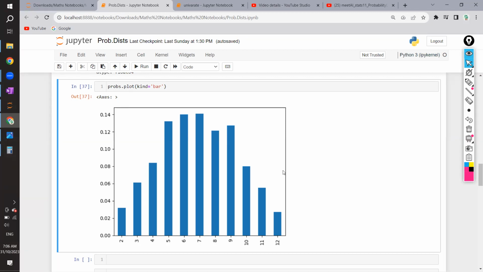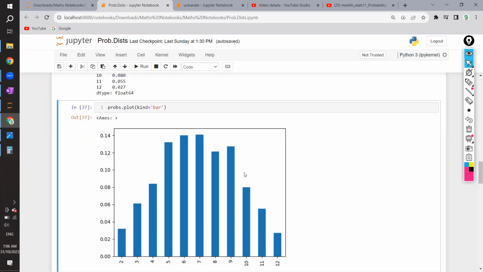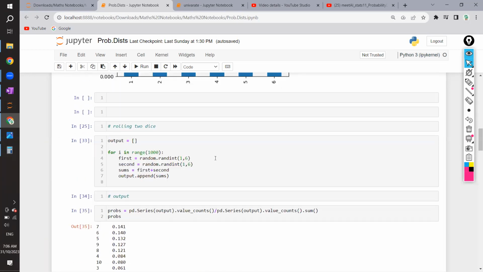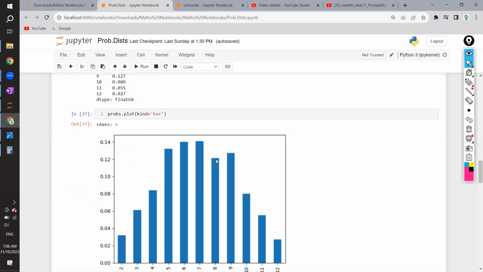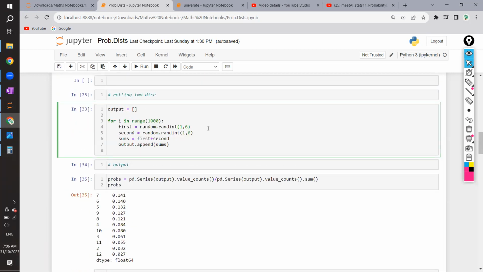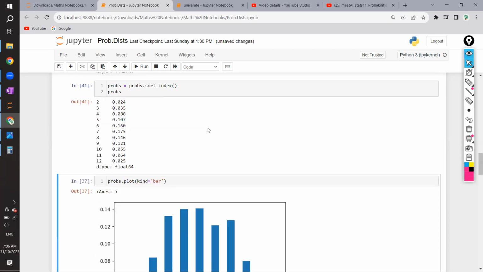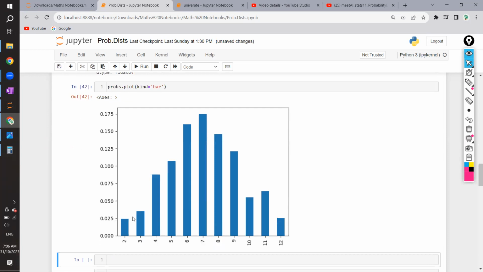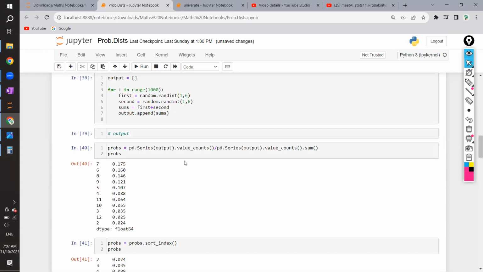Yes. See, randomly, so every time you will not get the same thing. It is generating randomly, right? So it's not like every time it will generate like 250. Now if I run it again, just see. Again, randomly it is taking some other values. Now the probabilities will change. See, there is a slight change. But it will be more or less the same. Fine. So see, for example, let me generate for 2000.